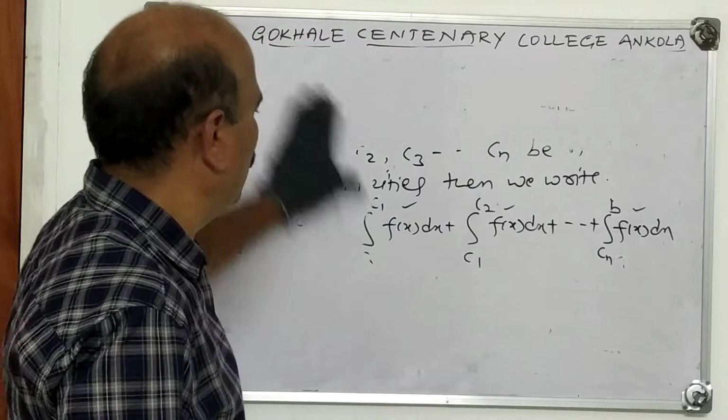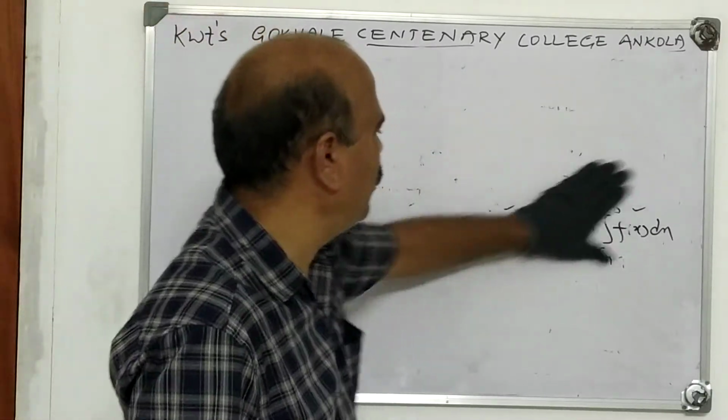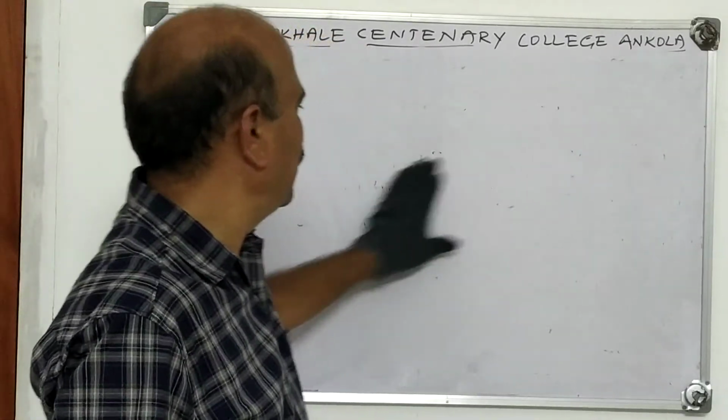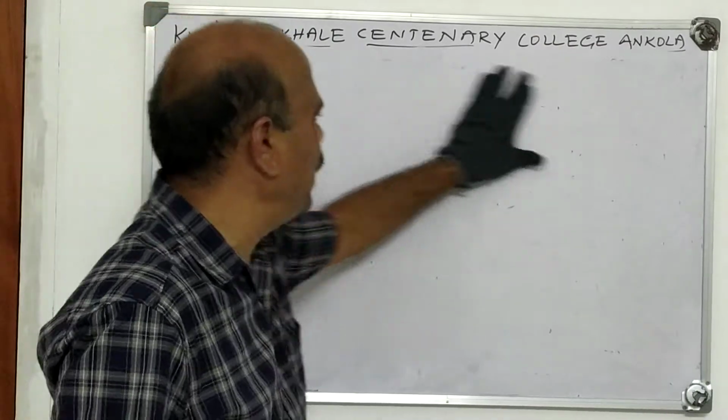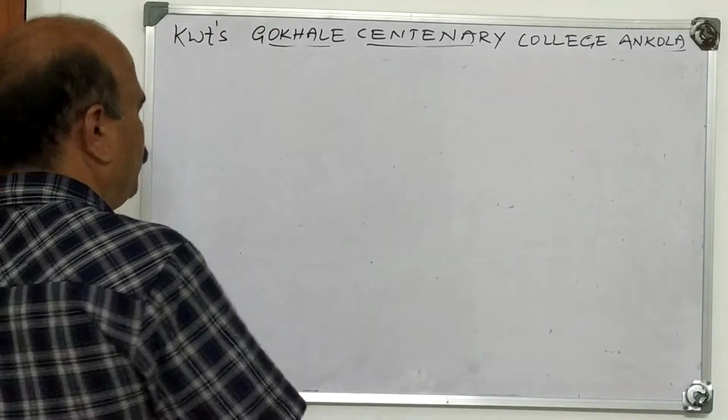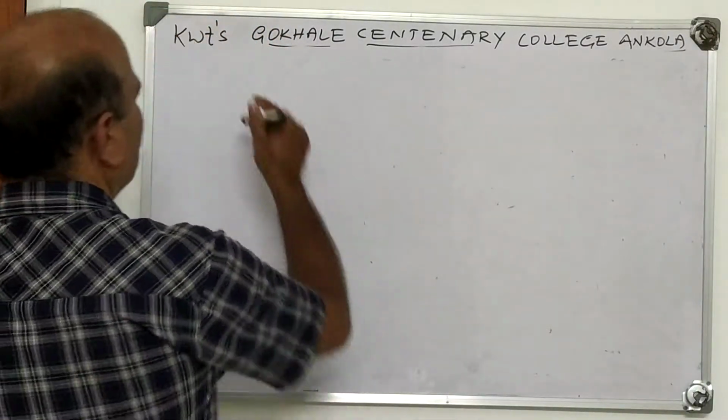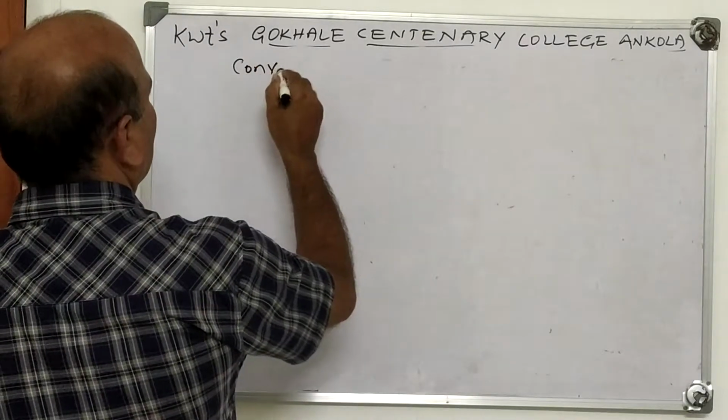Definition of the first type of integral, that is, the improper integral converging at infinity. Convergence at infinity it is called.